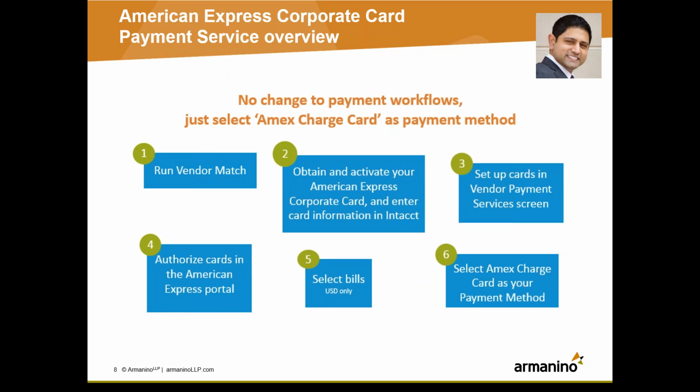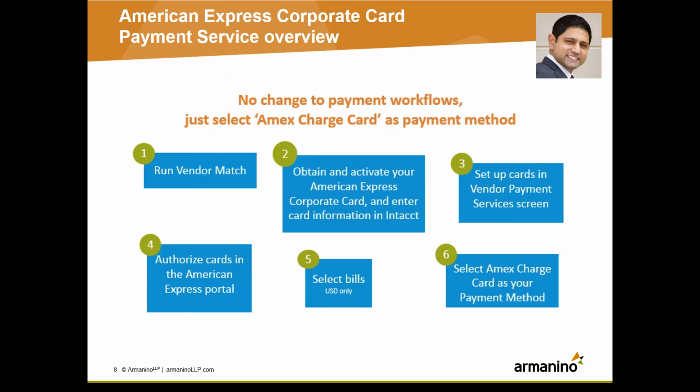In addition to that, the ACH feature was introduced, and now in this latest release, American Express has introduced the corporate card payment service. What that means is very similar to what I had just mentioned. The only key difference is the payment method is actually going to appear as American Express corporate card. Let's just say I had a vendor, and we'll talk about what vendor match does, let's just say I had a vendor, Dell, and I've requested to buy 10 different laptops, and I wanted to put those 10 laptops on my American Express card.